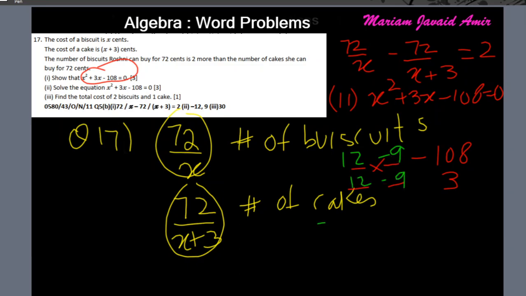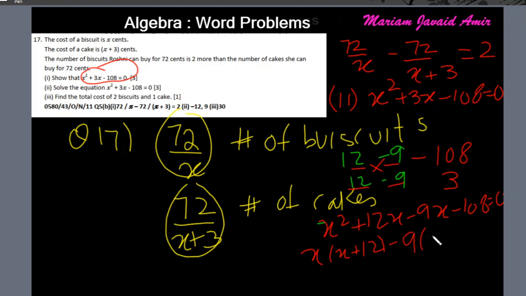So it becomes x square plus 12x minus 9x minus 108 equals 0. x is common, x plus 12, minus 9 is common, and we get x minus 9 and x plus 12 equals 0.